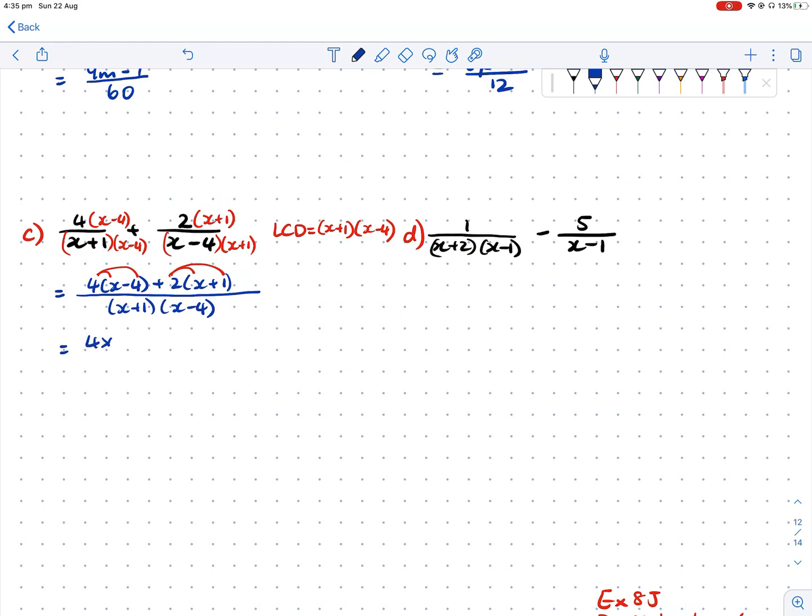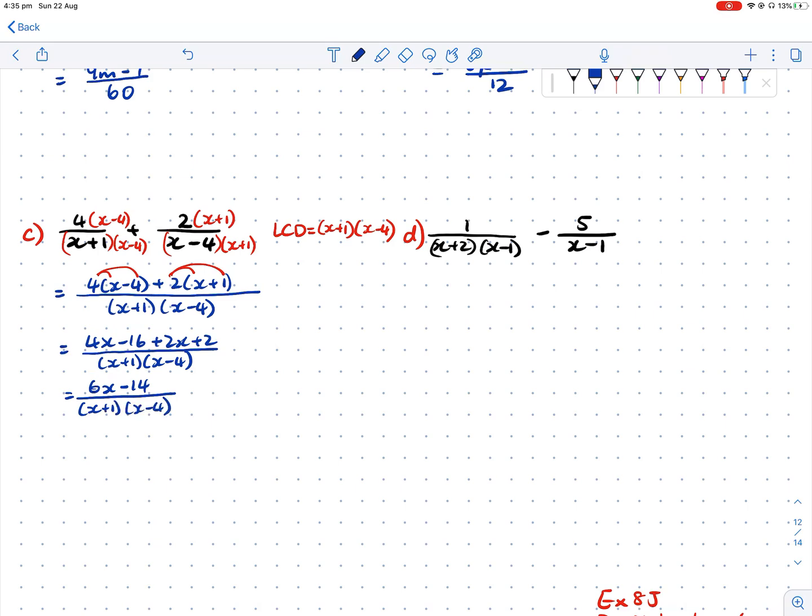So 4x minus 16 plus 2x plus 2 all over x plus 1, x minus 4. And when we collect like terms, 6x minus 14 over x plus 1, x minus 4.